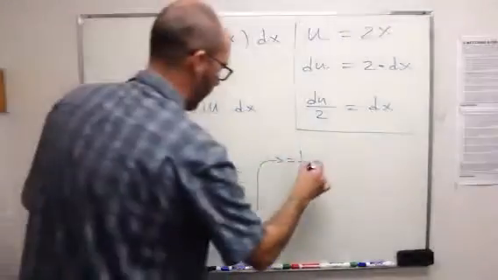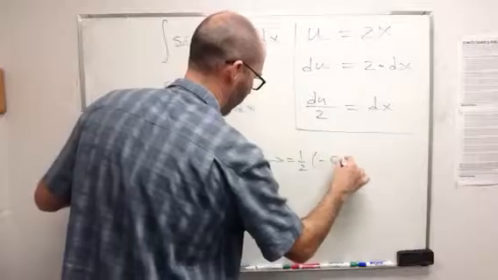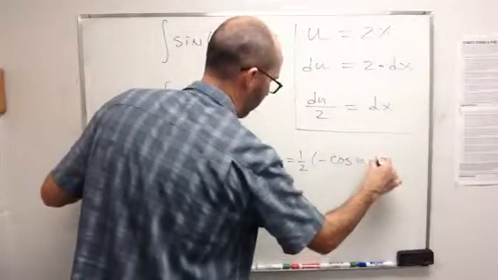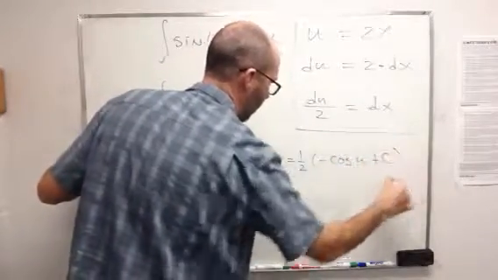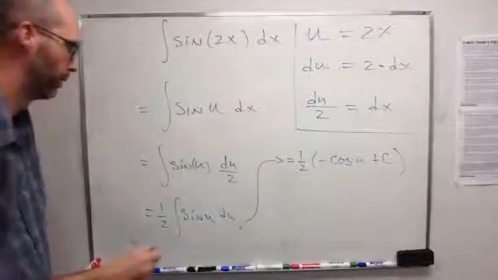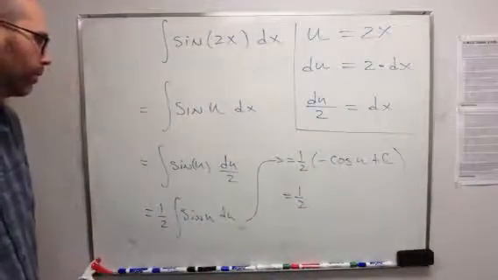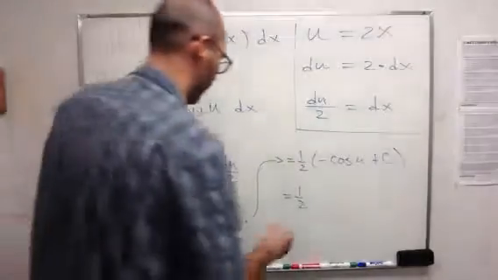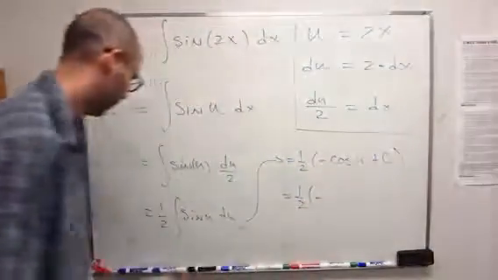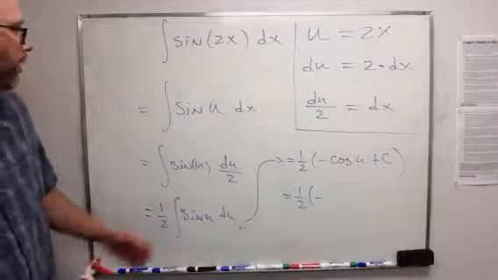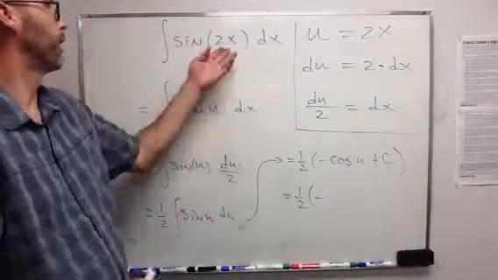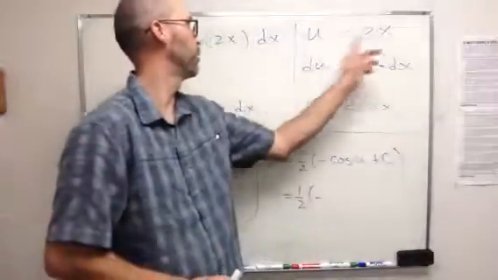Let's see, that was negative cosine u plus c. Now we want to find it for when there's an x. So we've got to back substitute the u.